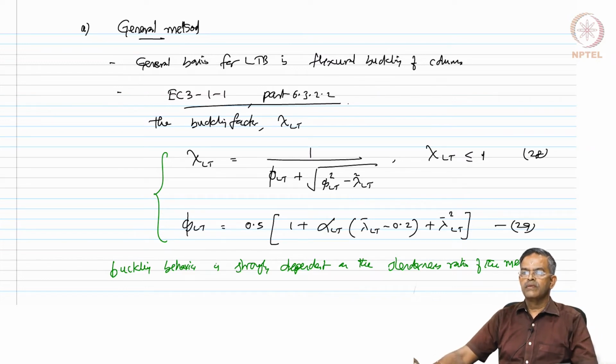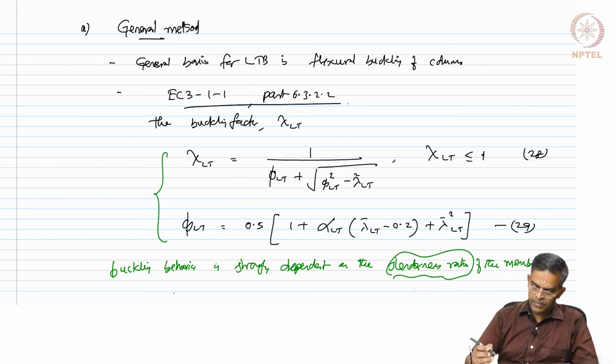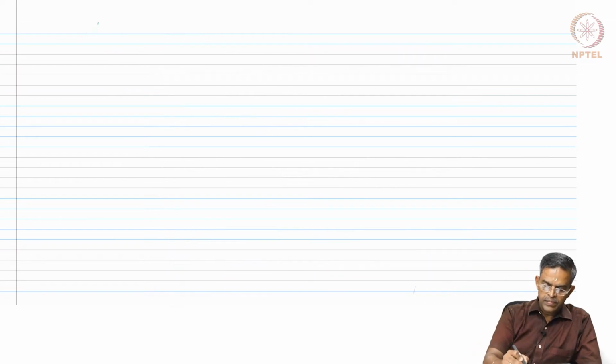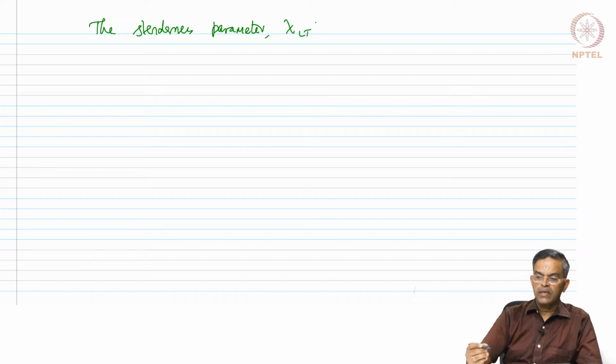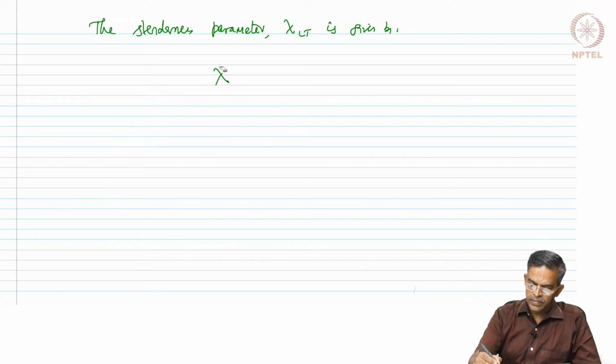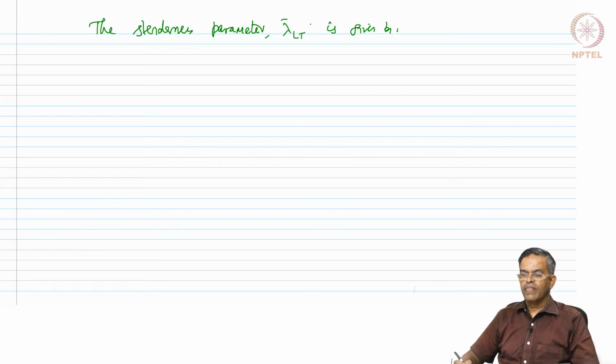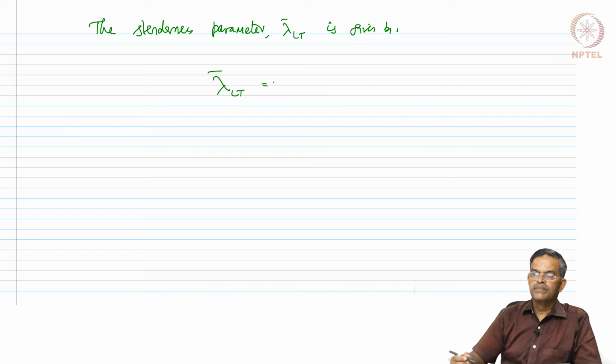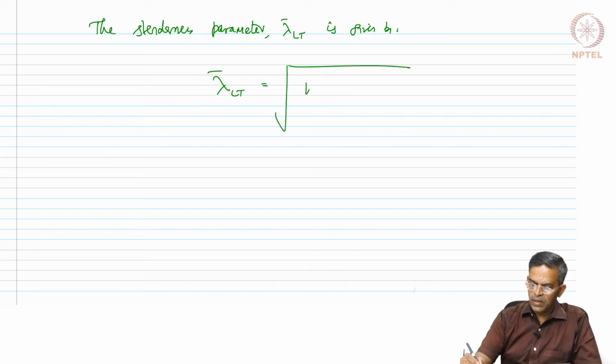The slenderness parameter, lambda bar LT, is given by the following equation: lambda bar LT is the square root of W_y f_y by M_cr.